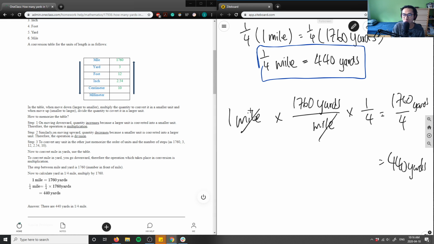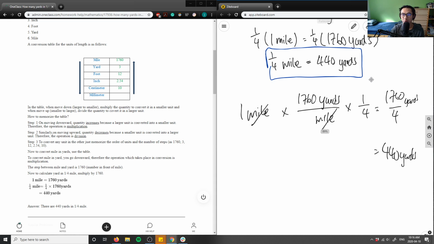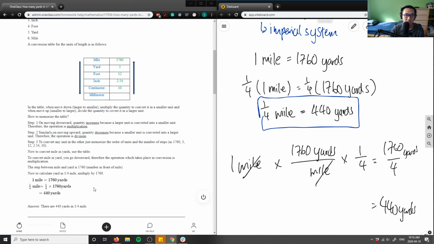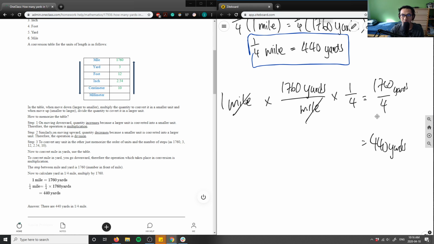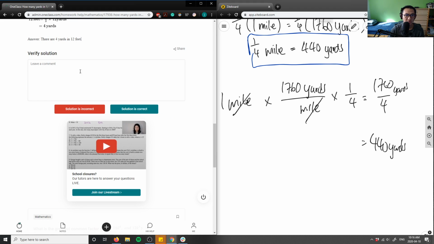So this is another tactic to use. If you want to use dimensional analysis to solve your problem, in pre-algebra you'd probably use something like the solution that's provided for us. But in higher level mathematics, you would probably use something like this, because we're keeping track of our units as well. So what I can do is verify the solution.